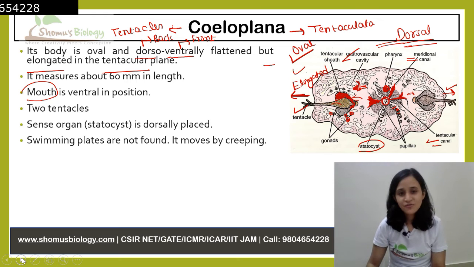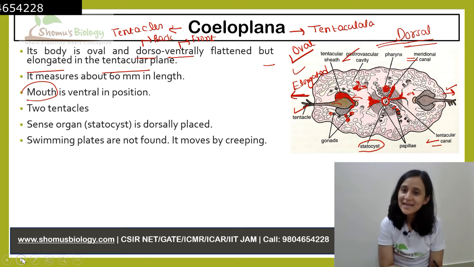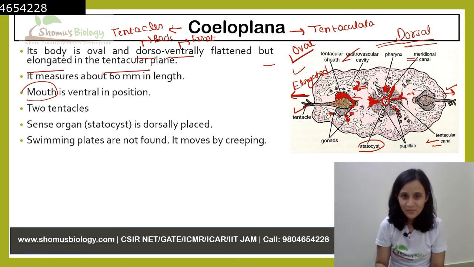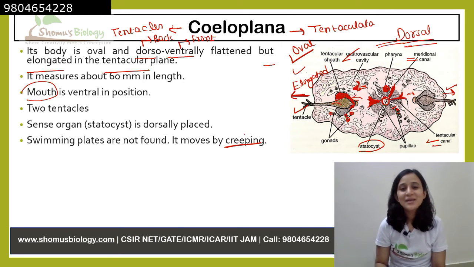Swimming plates are not found. So here we didn't get any swimming plate or comb plate. No comb plates are present. So how does it move? Then it moves by creeping. As it doesn't have any swimming plate or comb plate, it is not able to swim, so it moves by creeping.